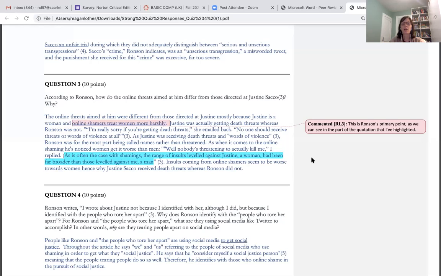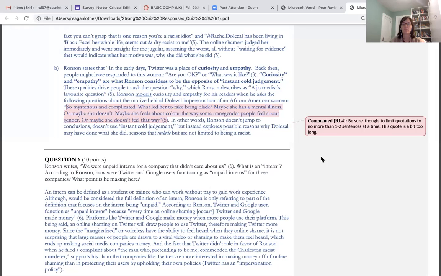Okay, and what key terms does Ronson set up as the opposite of instant cold judgment? Right, so Ronson sets up the key terms curiosity and empathy as the opposite of instant cold judgment. And curiosity and empathy are driven by the question why, right?